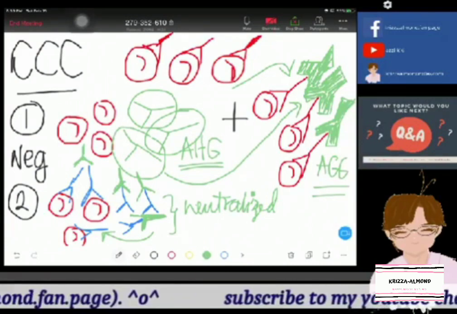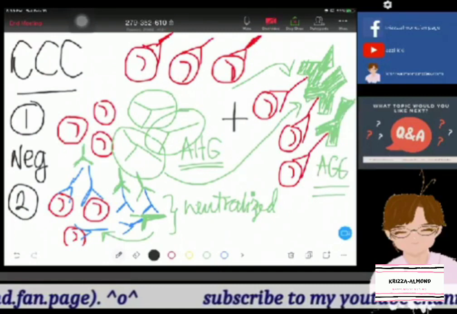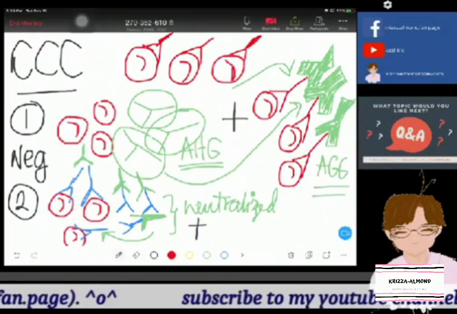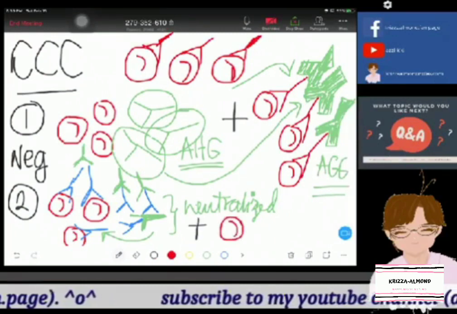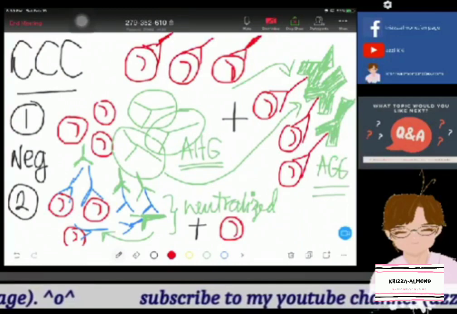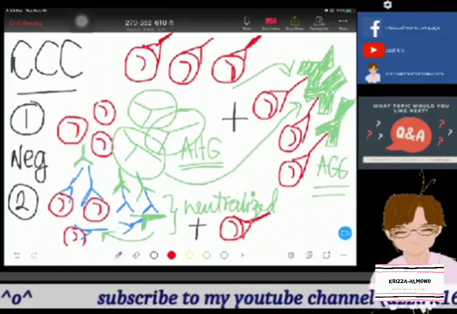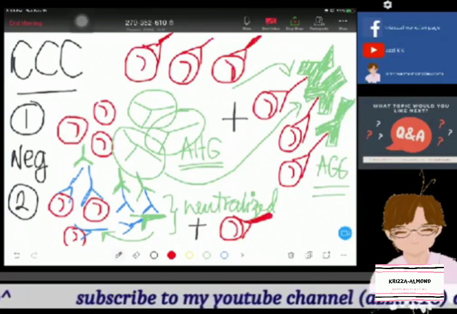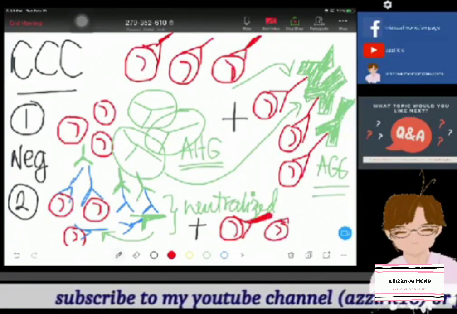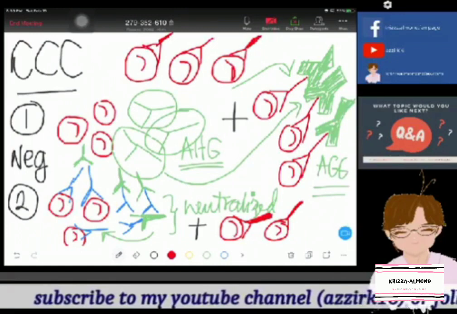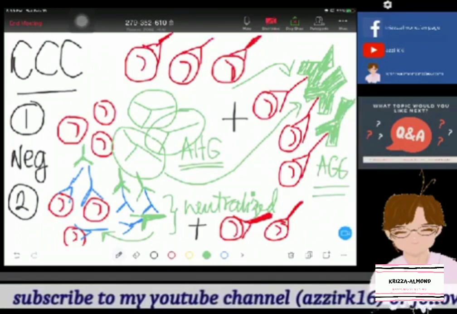Kaya pag chinek natin to by adding Coombs check cells, para malaman natin kung totoong negative ba yan talaga. Again, Coombs check cells are red cells with antibodies bound to them already. Since naglagay ka ng red cells na meron ng antibody, dapat magbabind dyan ang AHG.